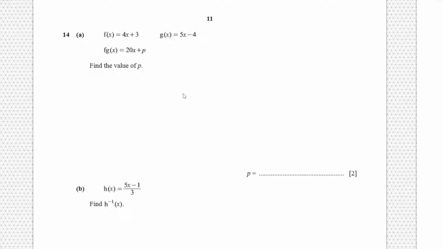Number 14. Find the value of P. All right, so what do we have to do here? It says f of x equals that, g of x equals that, f of g of x equals that. So essentially let's try to find f of g of x, right? So f of g of x is 5x minus 4. We're going to replace the x over here with g of x. So 4 times 5x minus 4 plus 3.